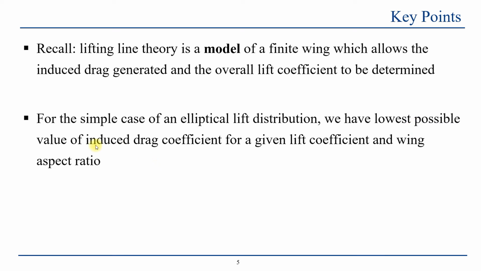So that means that this type of lift distribution on a particular shape of airfoil or wing is ideal for us because we have the minimal resistance from the airstream to it for a given lift coefficient and wing aspect ratio. So for any given wing aspect ratio and lift coefficient, the elliptical lift distribution would be ideal. And to achieve the elliptical lift distribution, we technically have to create an elliptical wing, which we will get to shortly why that is.